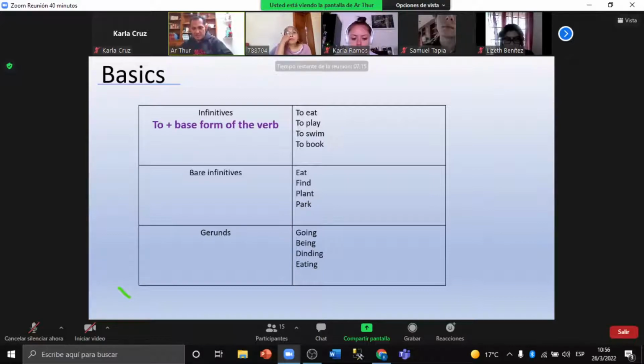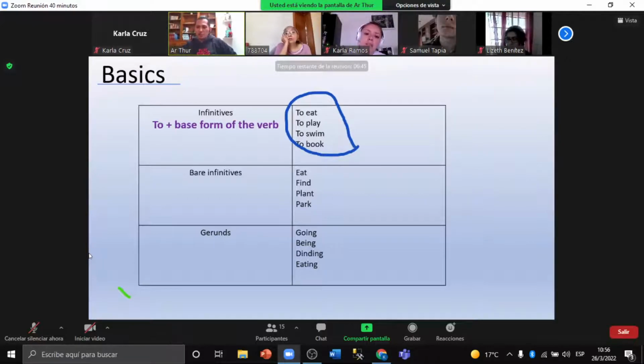So the infinitives. To book, to eat. I want to eat.